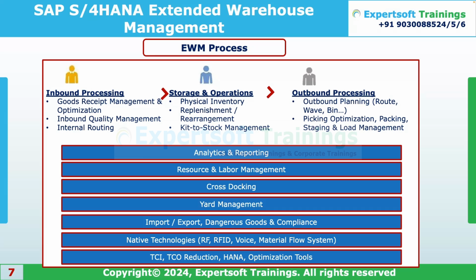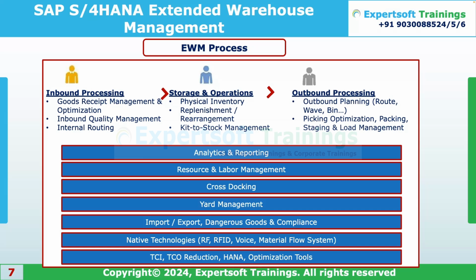Now we know what is inbound process and what is outbound process. Now what is internal operations or storage process? Within your warehouse, if you are moving your goods from point A to point B, doesn't matter where, if you are moving your stock from one place to another place, it will be called internal operations.